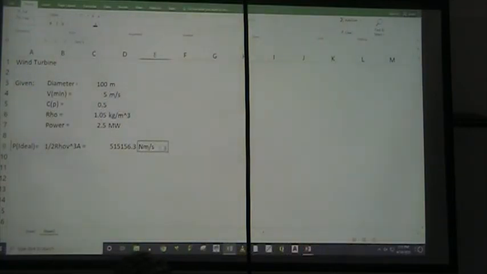And of course, Newton meters per second is watts. Therefore, the ideal power is 5.15 times 10 raised to the 5th power watts.